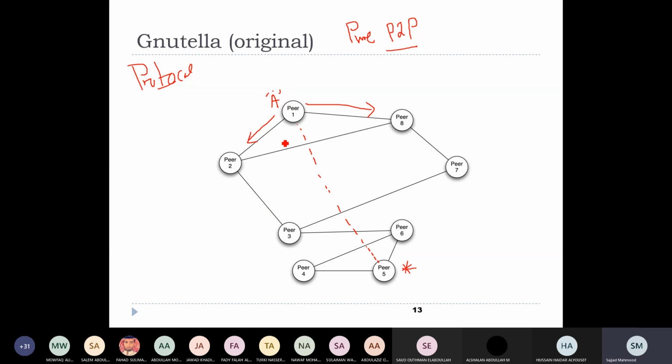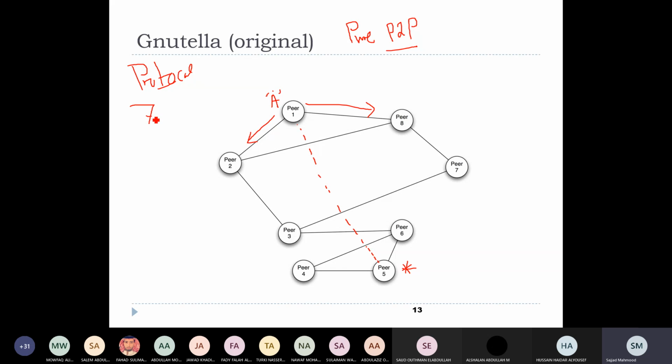And of course, there is another thing. In their protocol, someone can ask me a question. Because this is a very small example in front of us. But of course, in Gnutella, you can have millions of peers out there, right? So how long is it going to search? Is it going to search forever? The answer is no. As part of their protocol, I think they put a hop count. And if I'm not mistaken, the original hop count was 7.